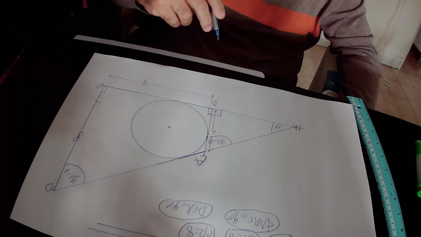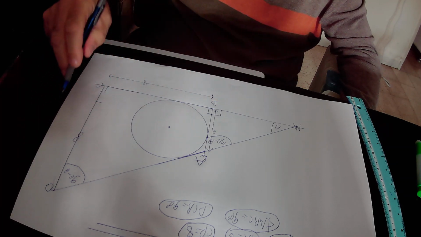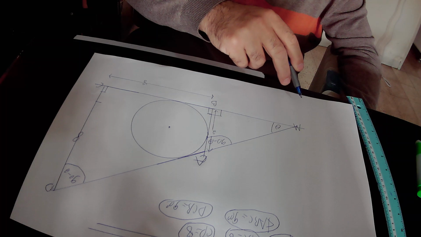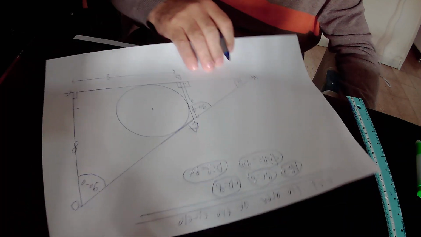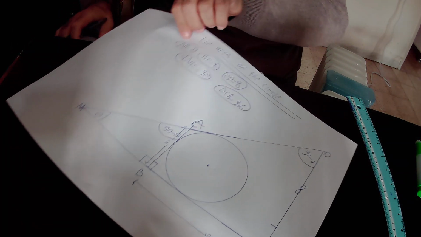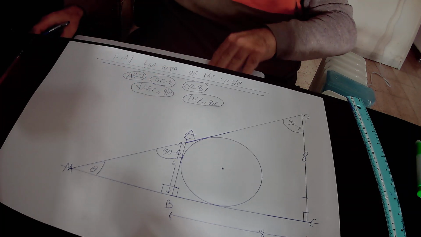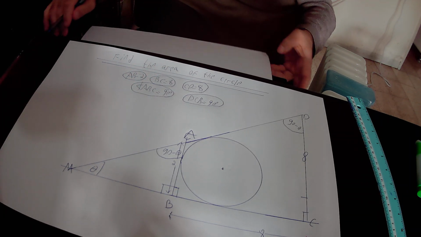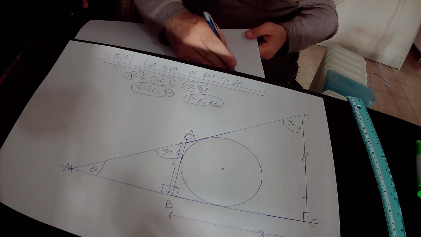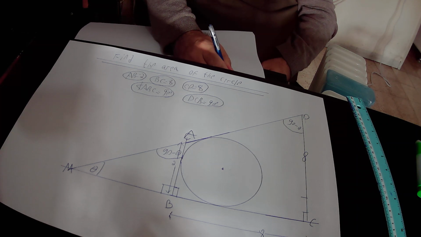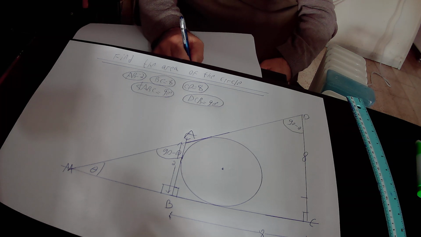In the next step, we prove that the big right triangle MDC is similar to the small right triangle MAB. Let's repeat again, the big right triangle MDC is similar to the small right triangle AMB.